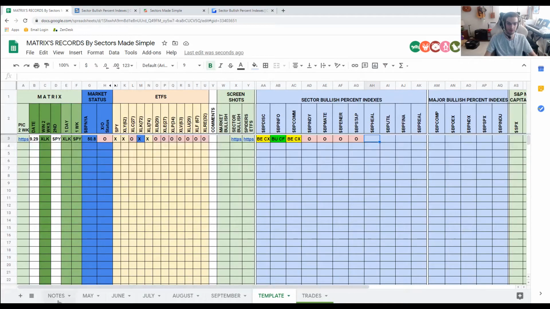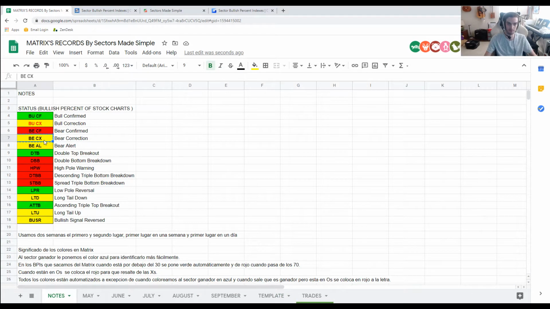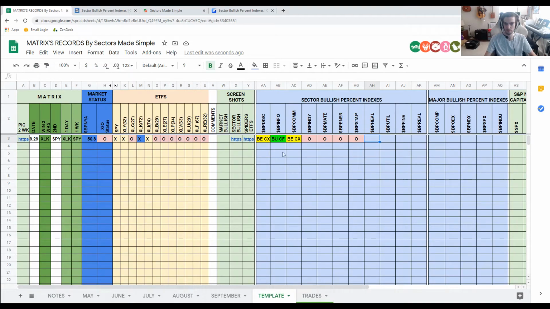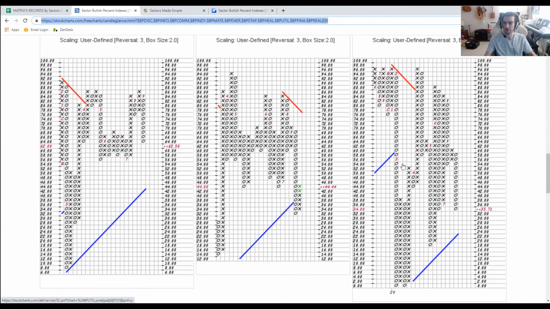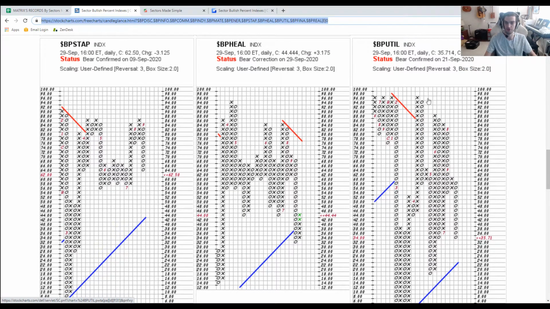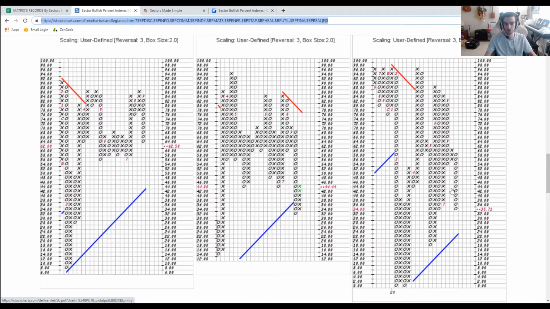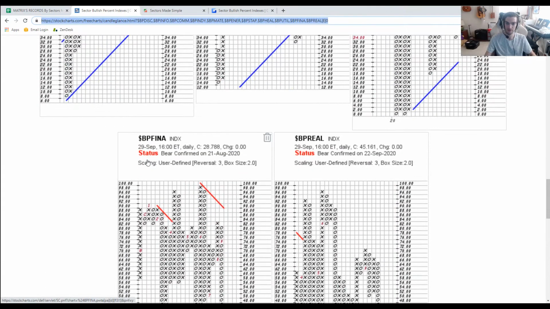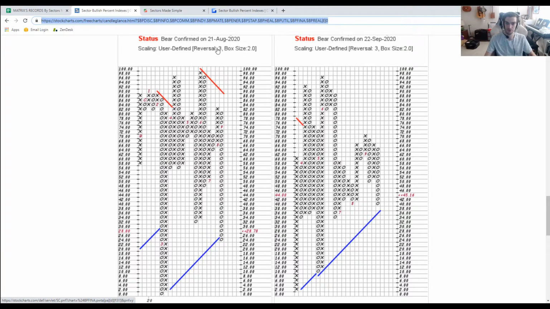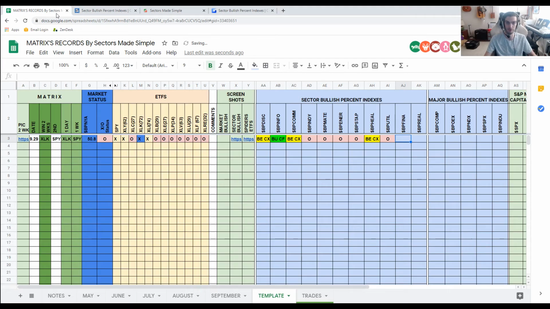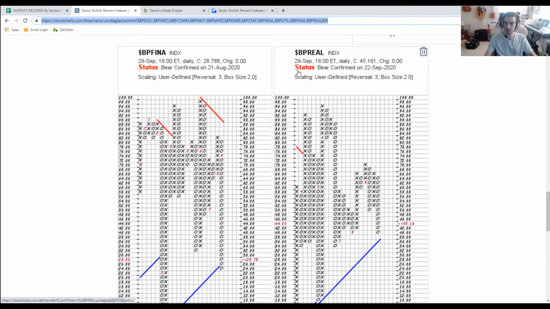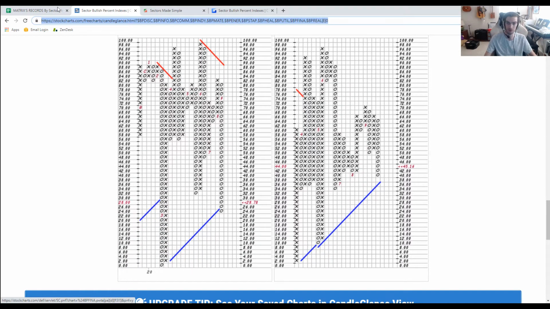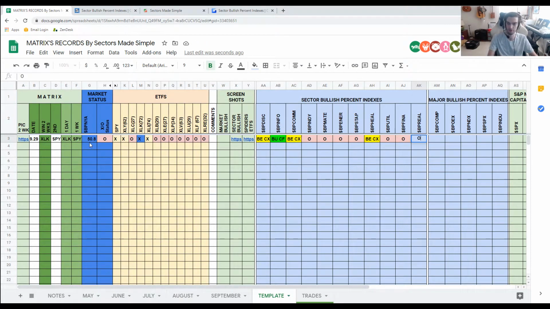So we're going to put that in. Utilities, no new status, so we're in a column of O's. Financials, no new status, column of O's. Real estate, no new status, column of O's.